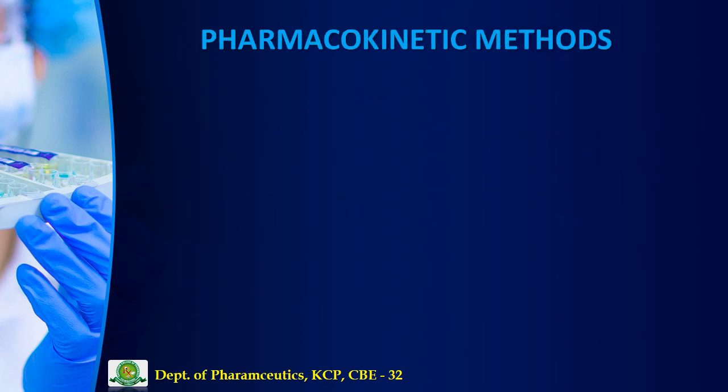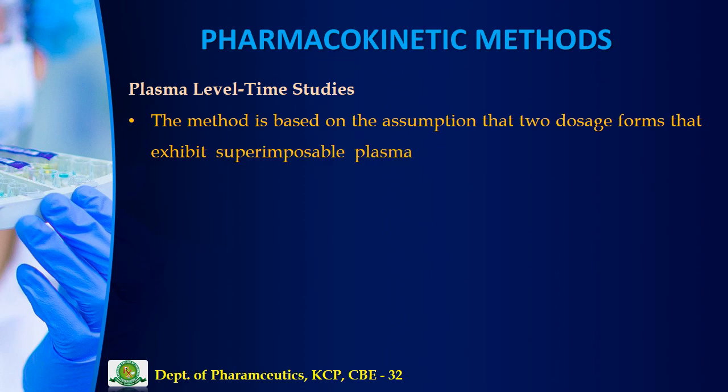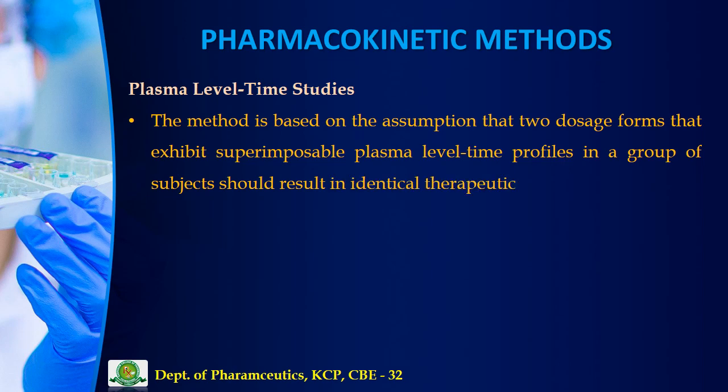Let's discuss the pharmacokinetic method now. In the pharmacokinetic method, there are two aspects as we said earlier. The first one is plasma level time studies. This method is based on the assumption that two dosage forms which exhibit superimposable plasma level time profiles in a group of subjects result in identical therapeutic activity.